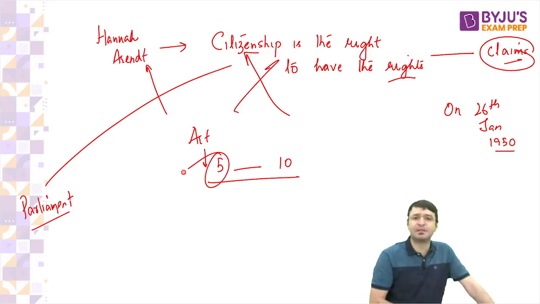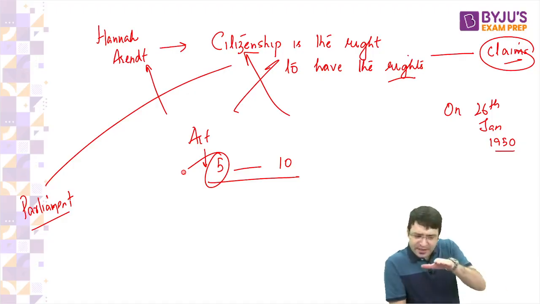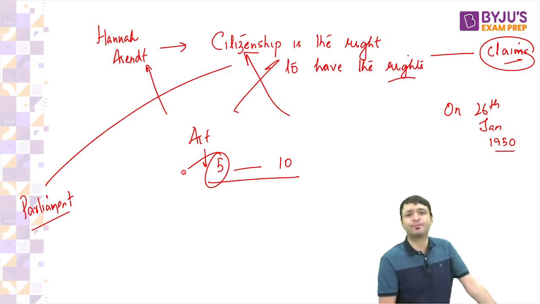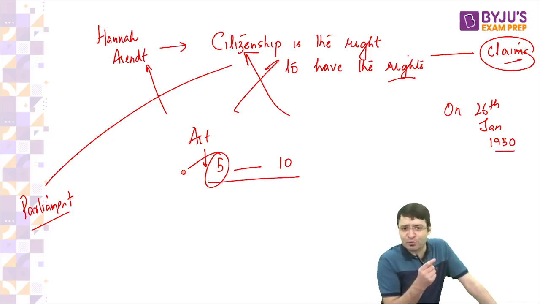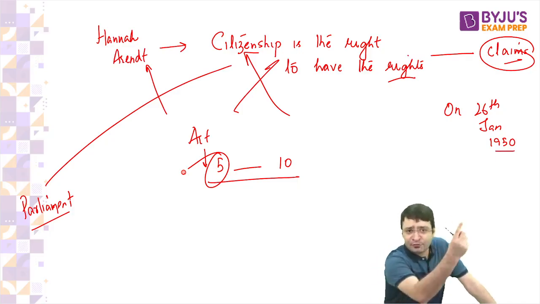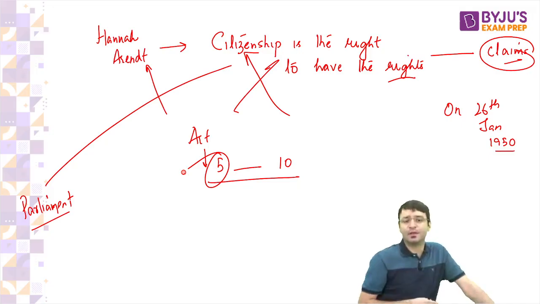Article 5, for example, says, whoever is present in India and who has resided in India for 5 years continuously. That means somebody residing in India for 5 years continuously is the citizen of India. Article 6 talks about what will happen to those who have migrated from Pakistan to India.